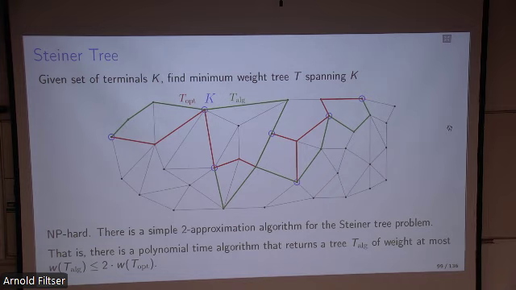There is a very simple polynomial time algorithm that, given an instance of the Steiner tree problem, returns a Steiner tree with the promise that its weight is at most twice the weight of the optimal Steiner tree. So the weight of ALG is at most twice the weight of OPT, and it does this in polynomial time.